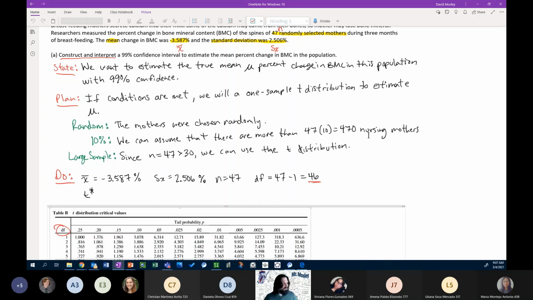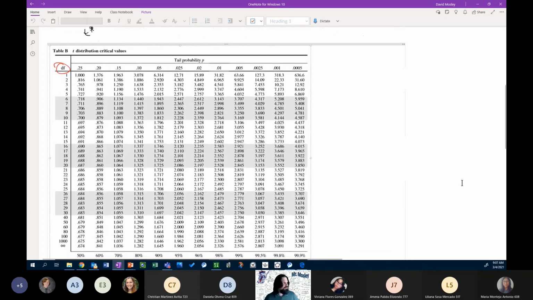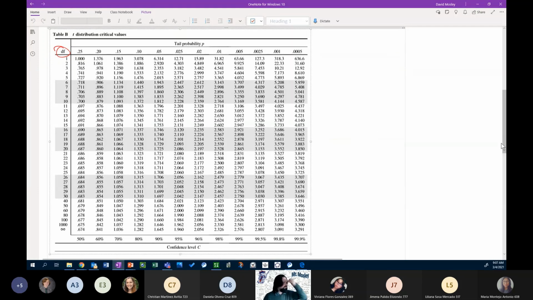So we're going to look at our table B here. On table B, once again, 46 does not exist. We go from 40 to 50. We're going to use 40, because again, that's as close as we can get to 46 without going over.